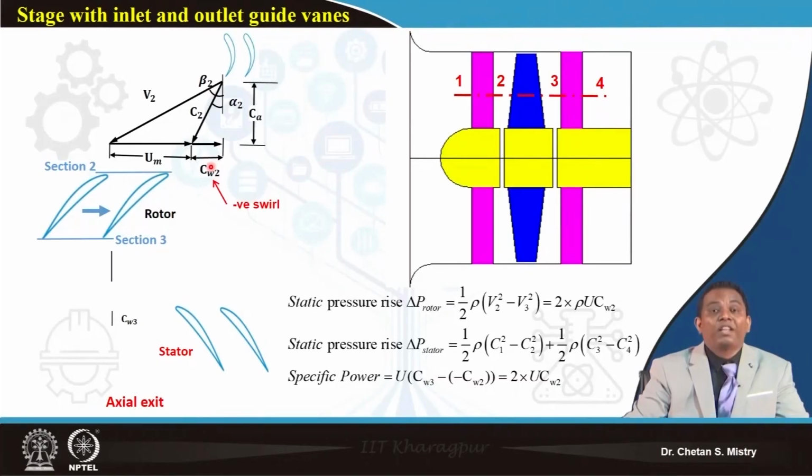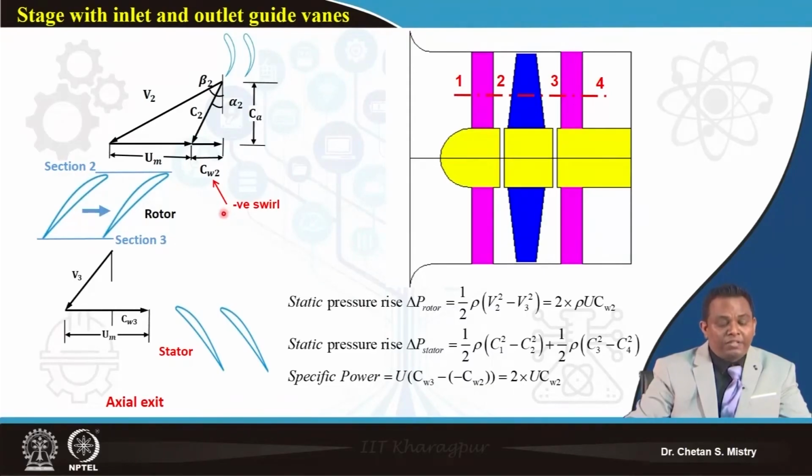This is a negative whirl component, because that is what we realized if we use an inlet guide vane. Be careful: based on what kind of inlet guide vane you put, your whirl component will come. Here, for this configuration, it is negative whirl. It may be possible that your inlet guide vane gives flow with positive whirl also. So do not get confused with this part.